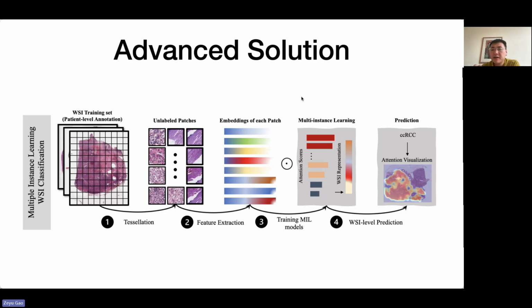Then we aggregate them into a slide level representation, and we classify this slide level representation into one of the categories. And based on this attention mechanism, we can also get attention visualization from the attention scores. Basically, which part of the region contributes more to your final prediction, it will highlight in the final map.